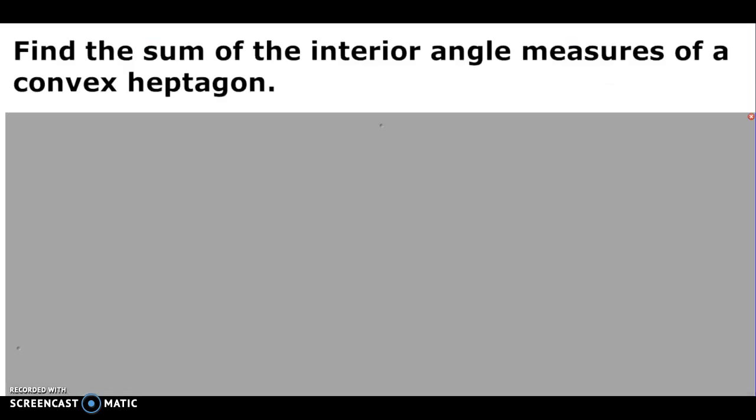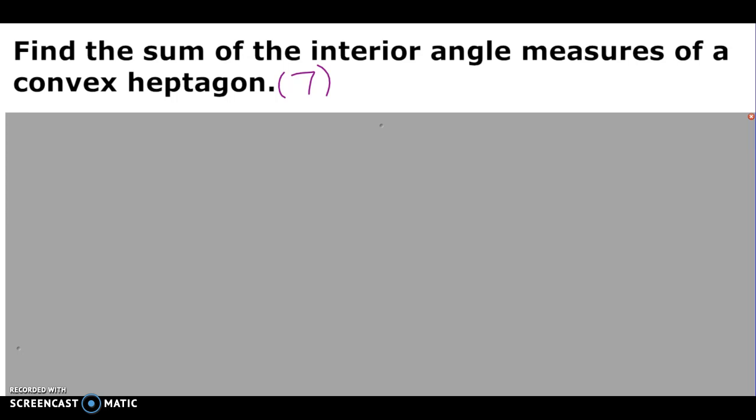So we're given, this one's on your notes, the sum of the interior angles of a convex heptagon. How many sides are in a heptagon? 7 sides. So how can we find the interior measure?